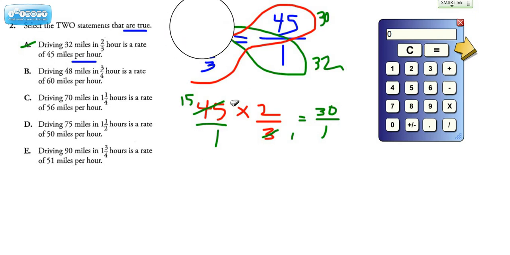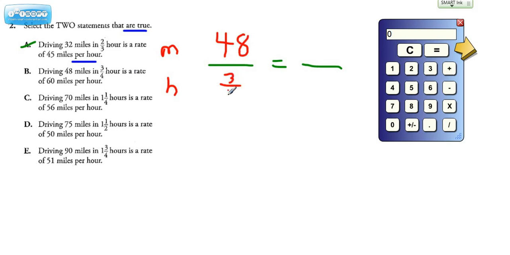Let's look at choice B. They give 48 miles, so let's set up the same way. We're talking about miles and hours. In this one, we're going 48 miles in 3/4 of an hour.